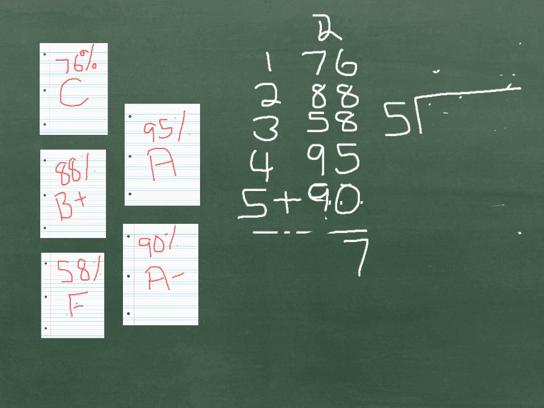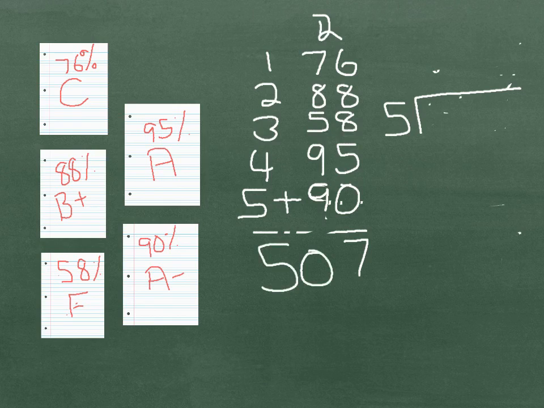Two plus 7 would be 19, plus 8 more would be 27, plus 5 would be 32, plus 9 would be 41, plus 9 more would be 50.